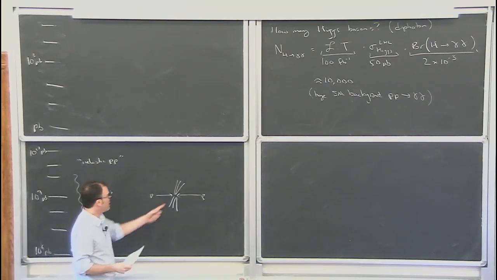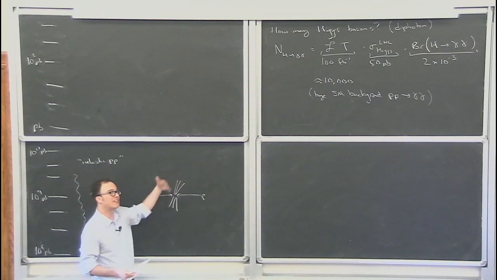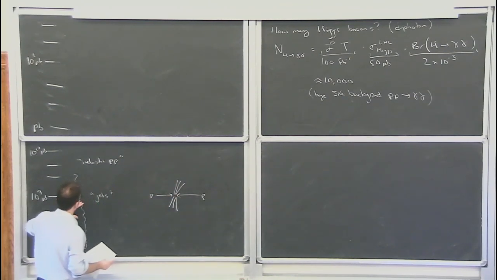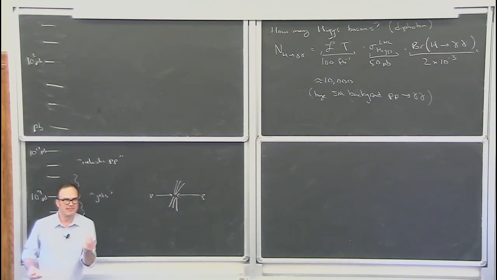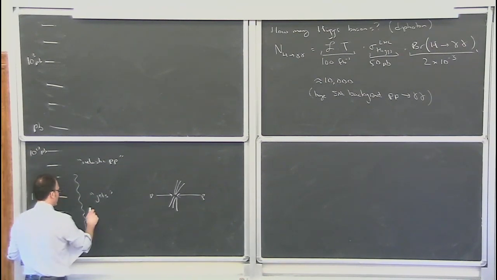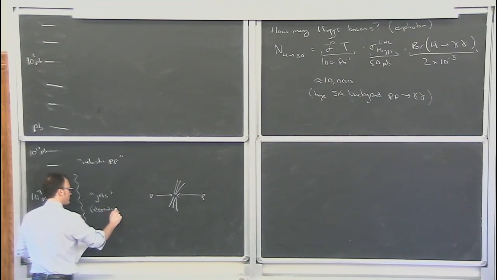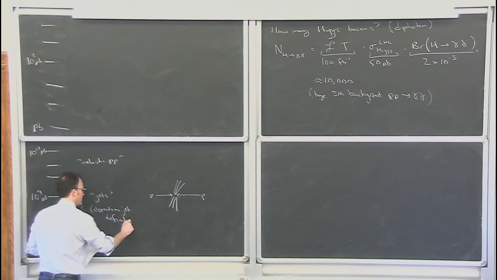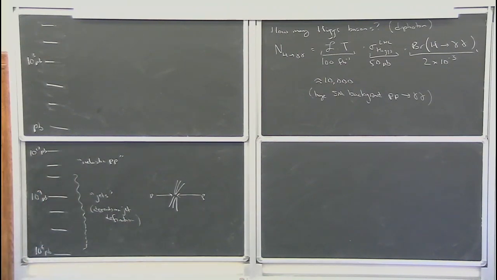And you have to define what you mean by a collimated spray of particles. Is there an energy threshold? Whatever. But the chance of getting a jet depends highly on your jet definition. But it's in this range, somewhere there.